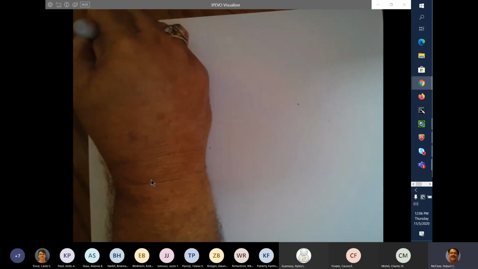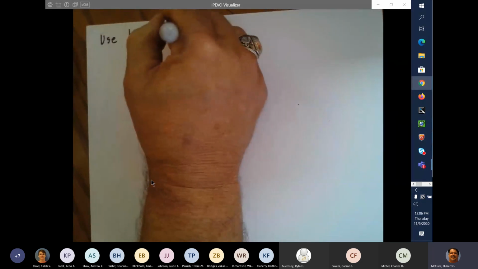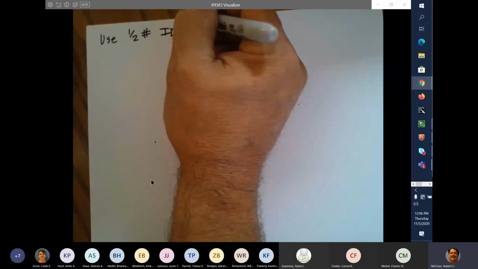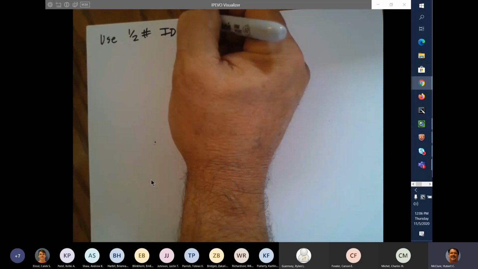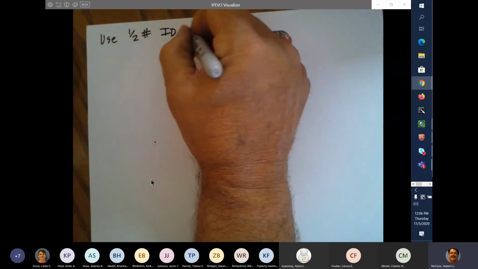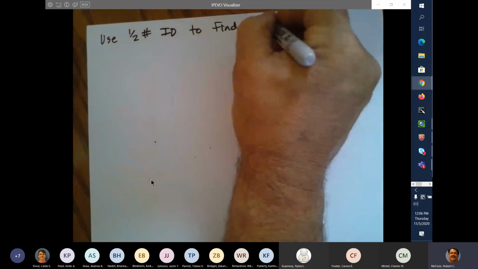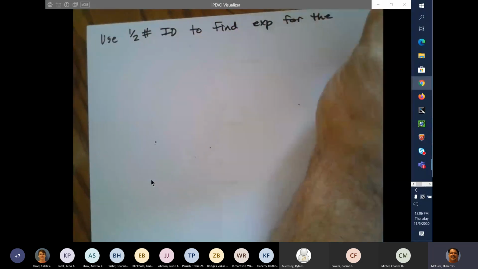It says use a half number identity. Let me write the directions. Use half number identity to find an expression for the exact value of the following.